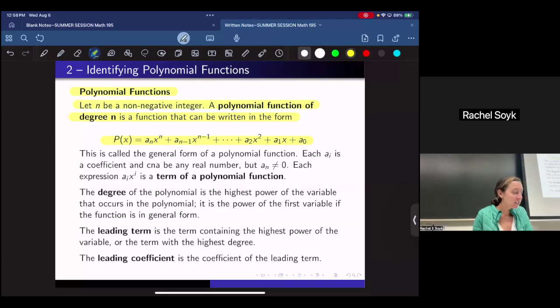So this is just the general format of representing all of the polynomials in the mathematical world.